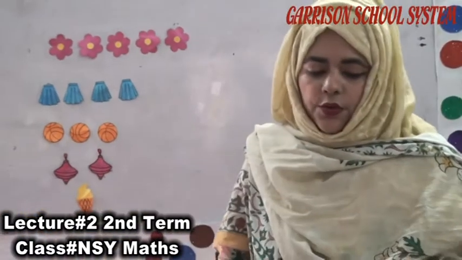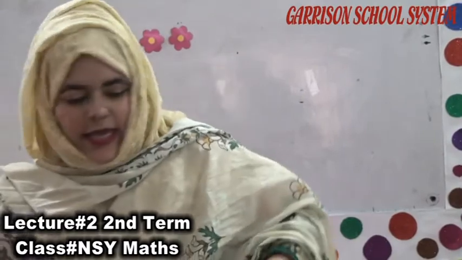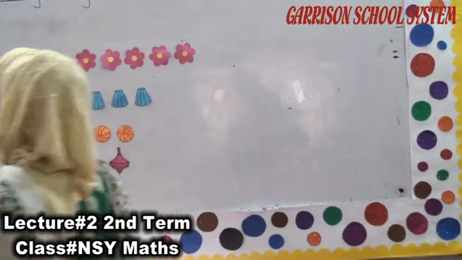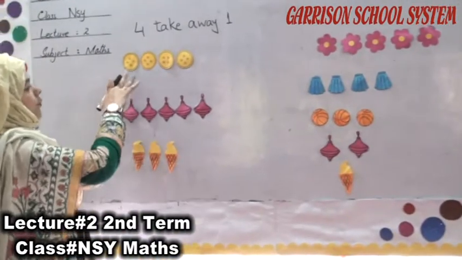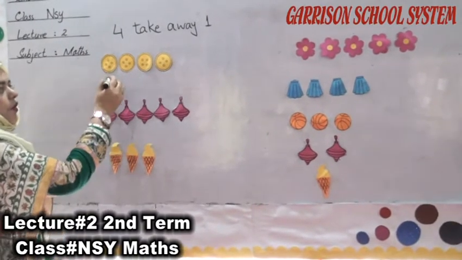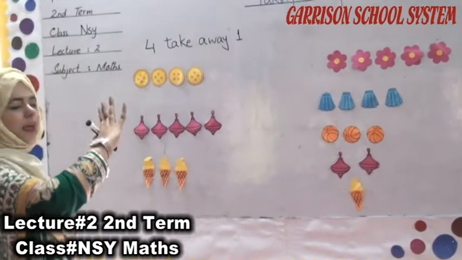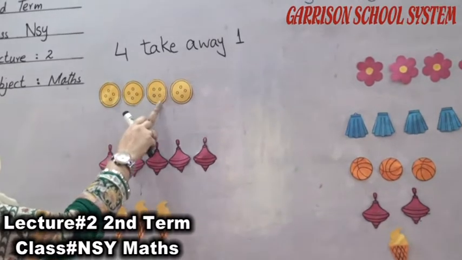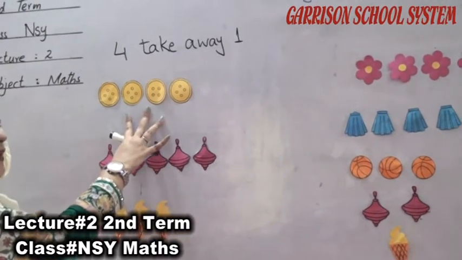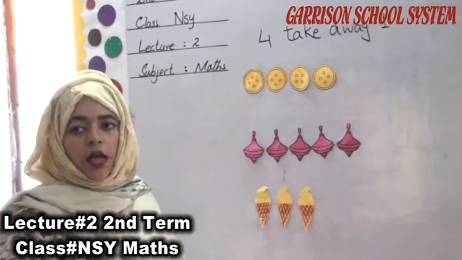So we are going to learn today taking away. For example, we have over here 4 buttons. As you can see, it's 1, 2, 3, 4. There are 4 buttons which I have pasted on the whiteboard.